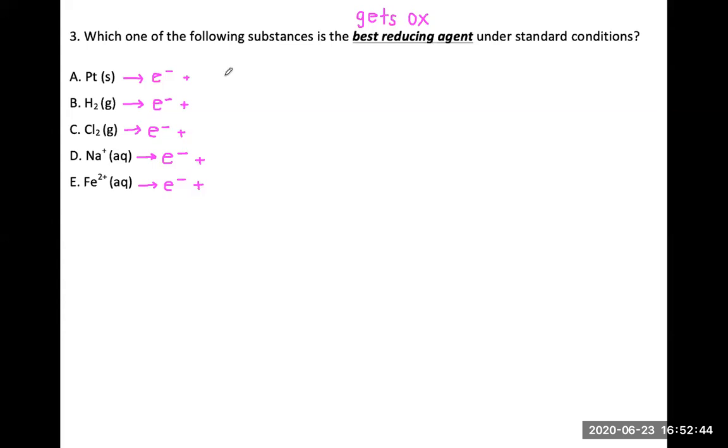And so for the platinum, we're going to end up actually losing 2 electrons to make Pt2+. And then it has a potential equal to negative 1.20 volts.